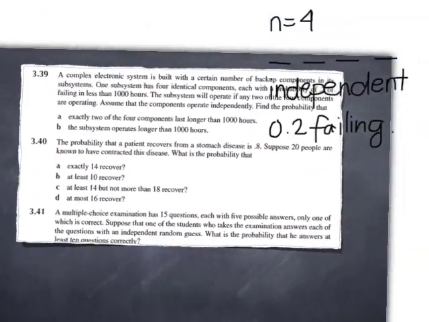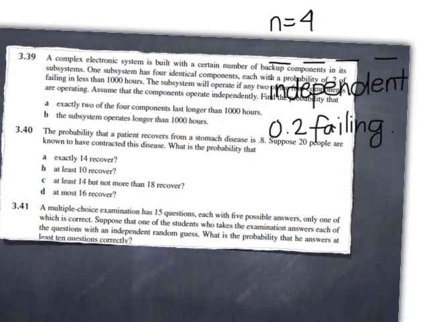Now, this probability 0.2 is a probability of failing. You need to make sure to define Y, the random variable, in the correct way.